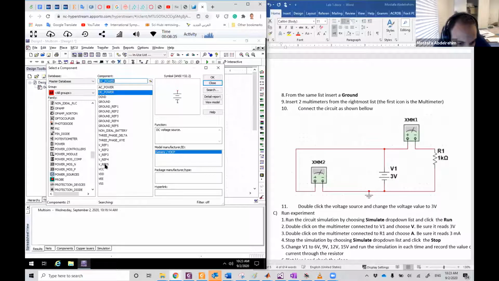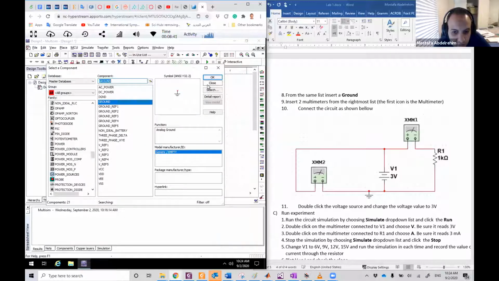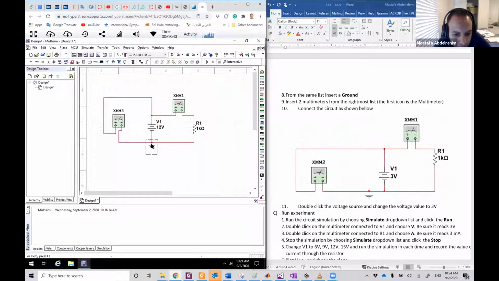Yes, there is ground here. This is the ground. Click OK and have it here, and close. It's connected. How could you know it's connected? Just left click and try to move. When it moves, it will show that there is a connection. So you are fine.